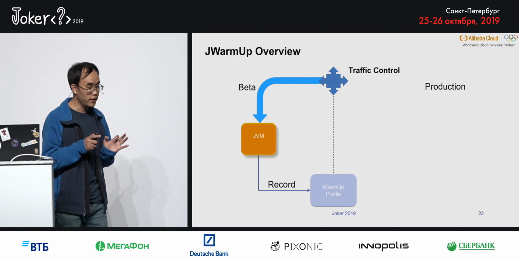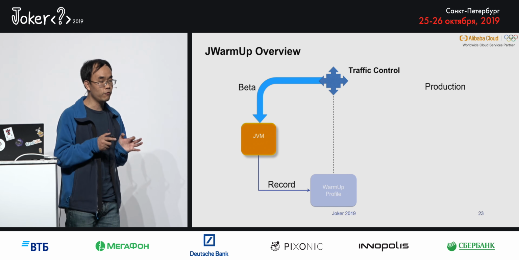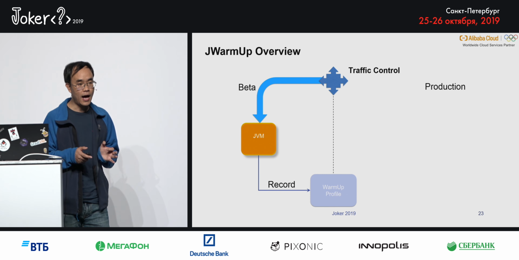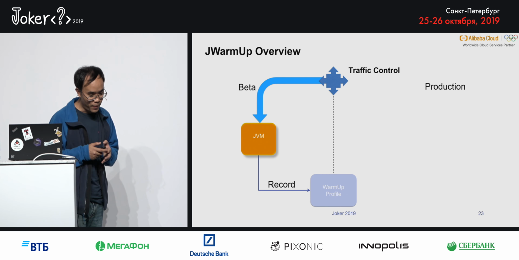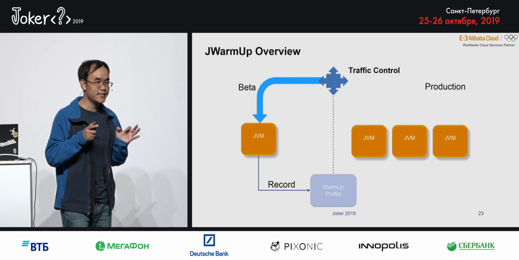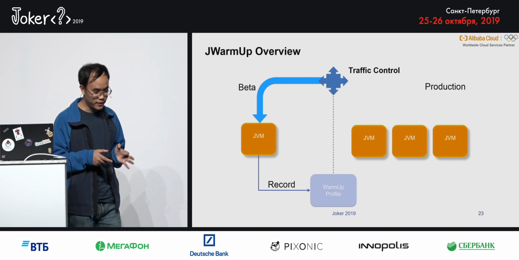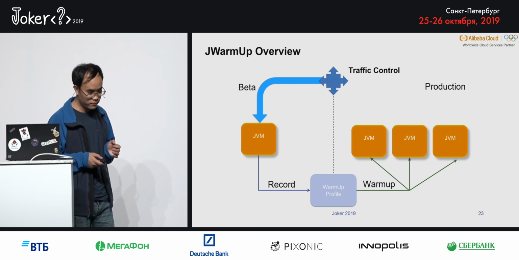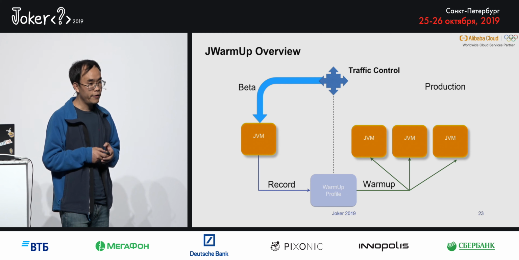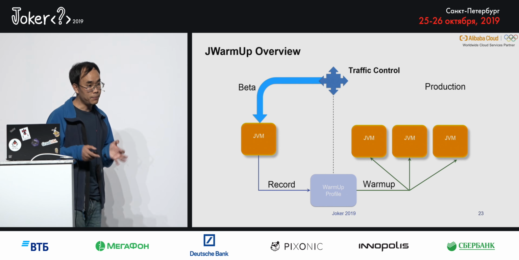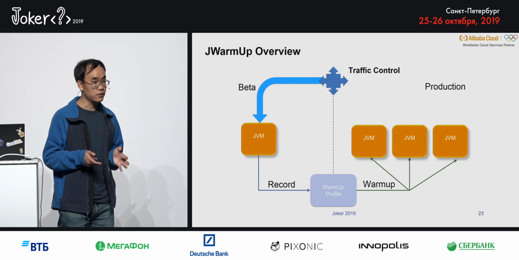After that, if our application owner verifies everything works as expected, then they can deploy the same application version into the production environment. In this phase, the warm-up profile will be distributed and reused for all subsequent JVM instances.